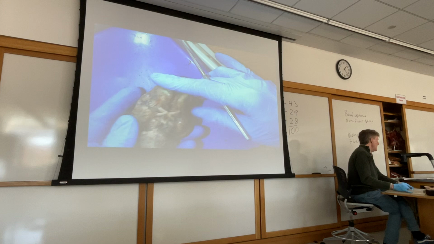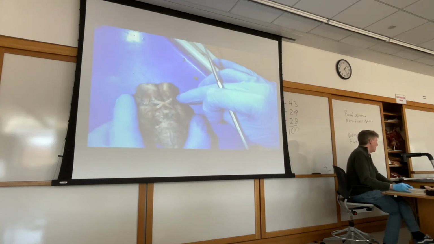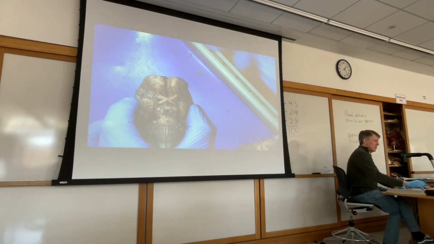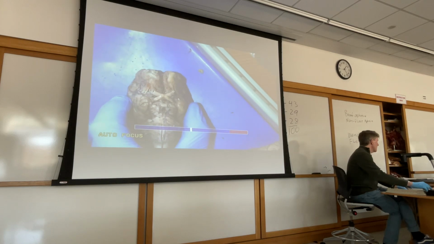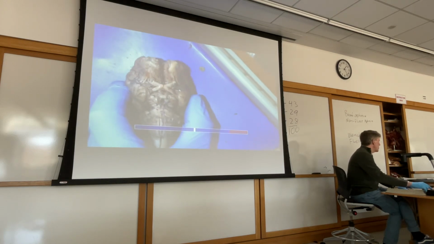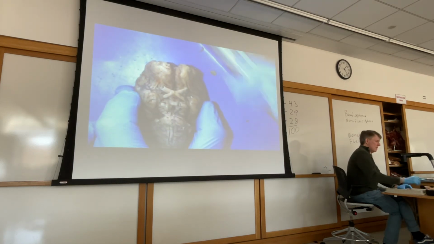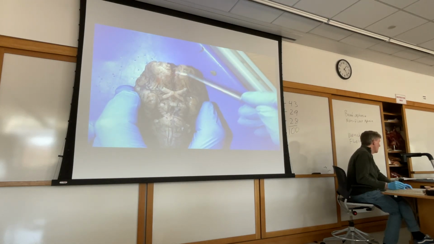Other stuff you can see on the underside of the sheep brain, not super well, but this here, and also, well, it kind of got messed up over there. That's the olfactory bulb. That's that first cranial nerve, okay?